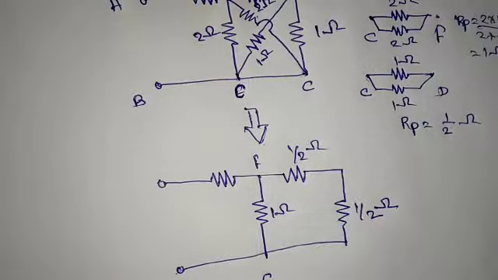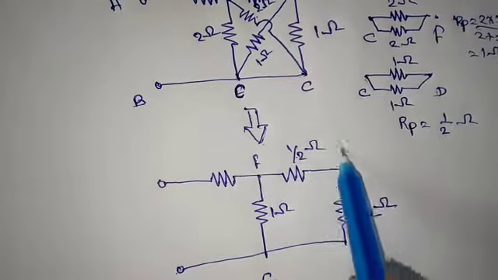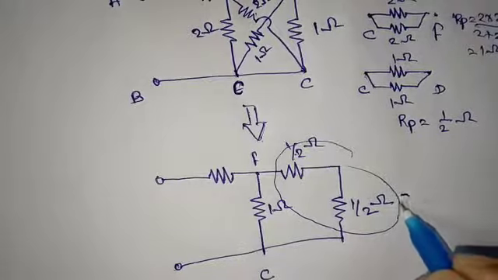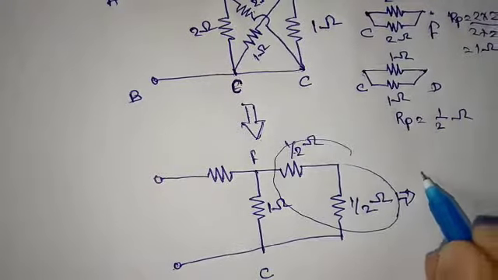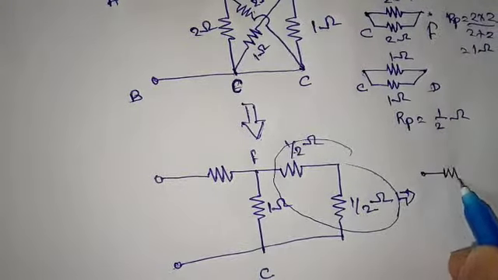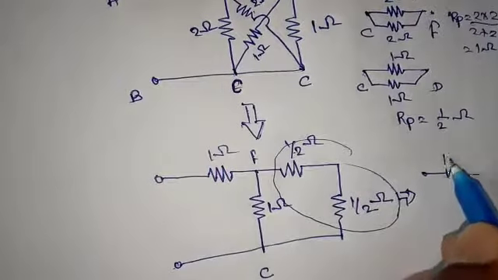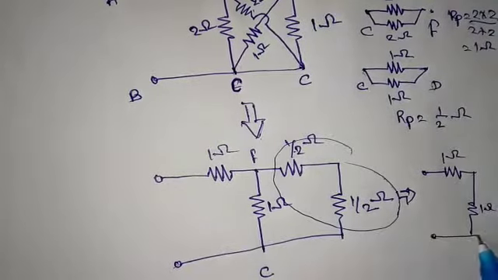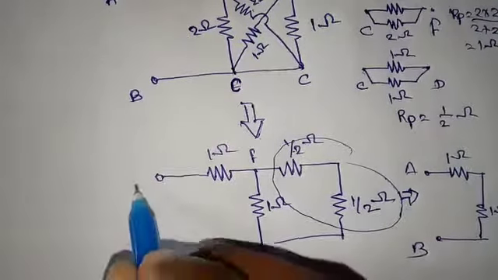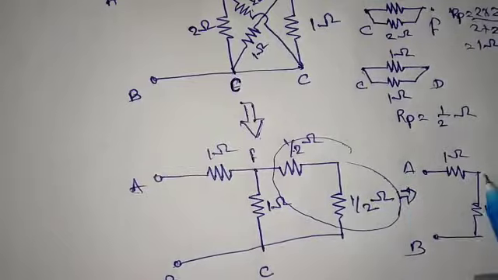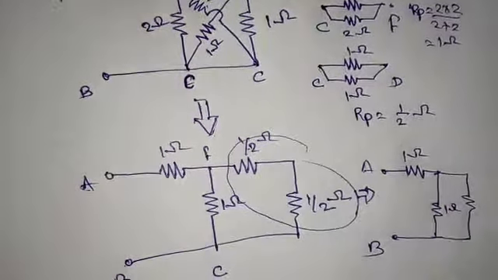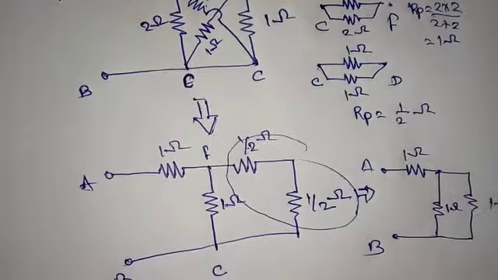Now we can see clearly here that these two, 1 by 2 ohms and 2 ohms, are in series to each other. So we have to redraw the above circuit: this is 1 ohm, this is 1 ohm, again this is 1 ohm, this is point A and this is point B. Here 1 by 2 plus 1 by 2 gives 1 ohm.